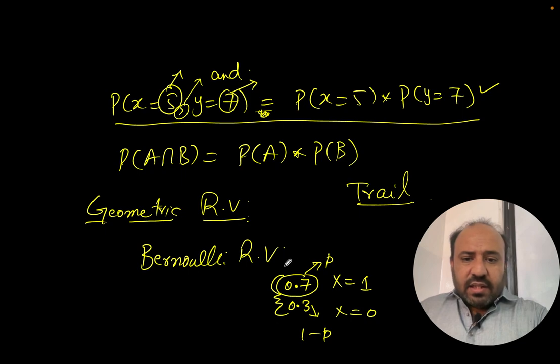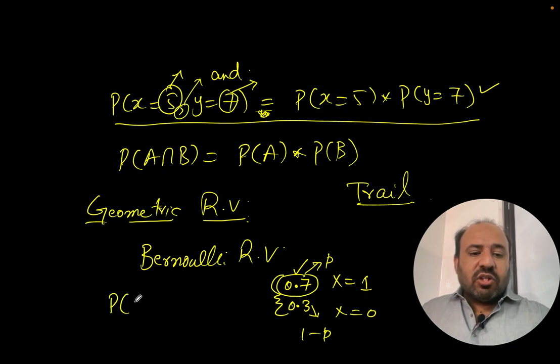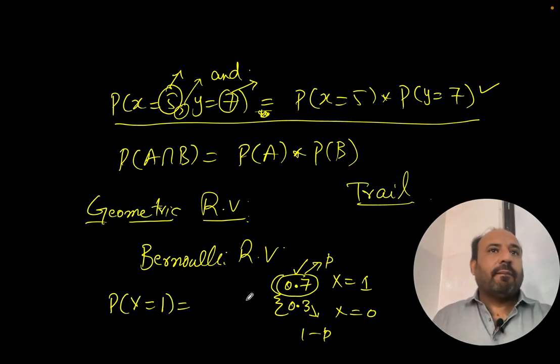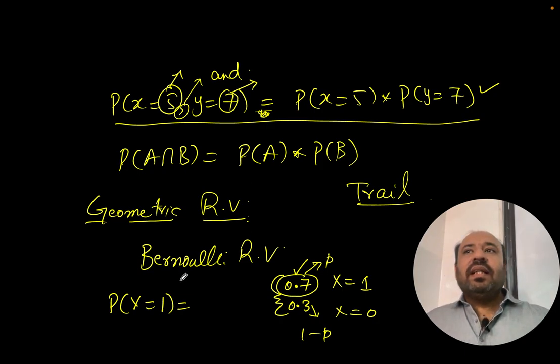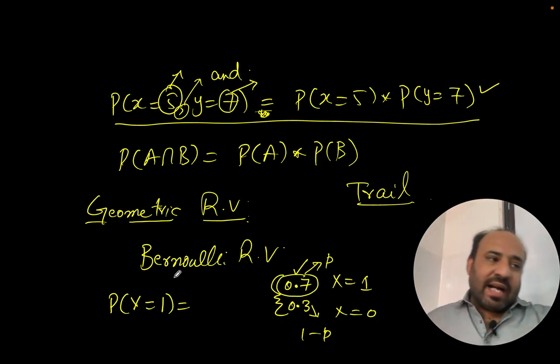Let's say the probability of success for the coin is 0.7. The probability of failure is 0.3. Now this y is a geometric random variable. What's the probability that y is equal to 1? What's the probability that you toss a coin and that's a head?